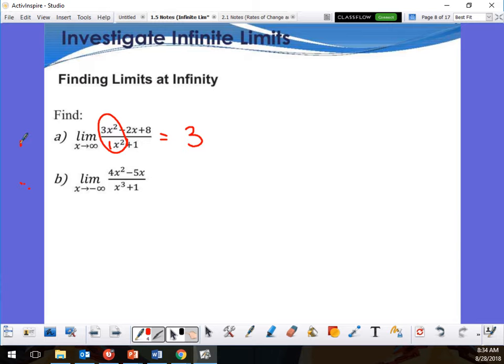The denominator is bigger. It has a higher degree. So what does that tell me? It's going to 0, right? Again, dividing it amongst infinite people. So this right here is going to go so much faster that it's going to end up going to 0. So this one, 0.